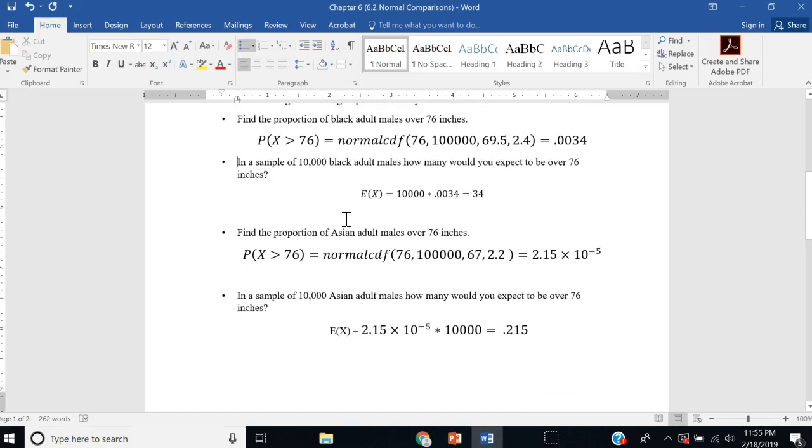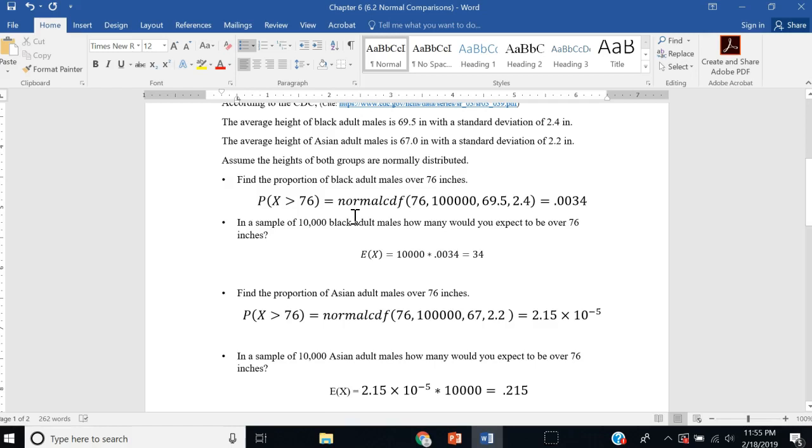Sorry, I wanted to put that all on the same slide. So this is kind of why we look at averages and why we compare group averages. While the averages may be fairly close, and we all could imagine that there are black adult males and Asian adult males where the Asian adult male is taller than the black adult male, or vice versa, right?